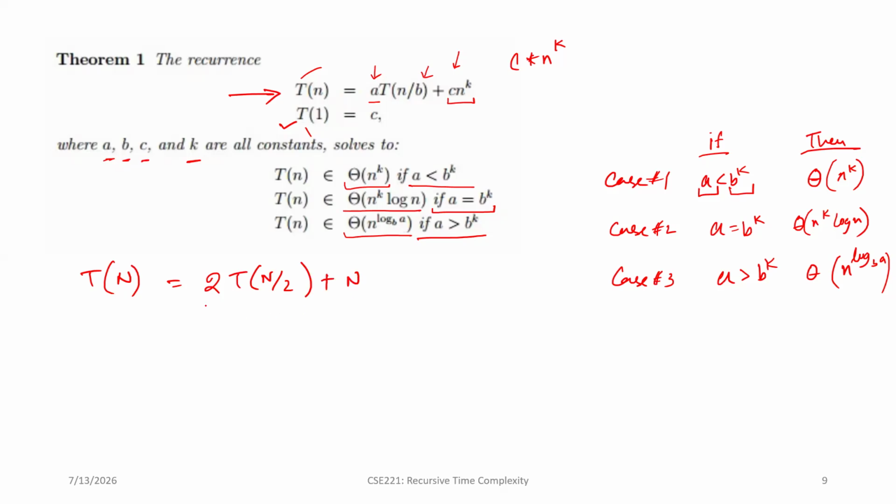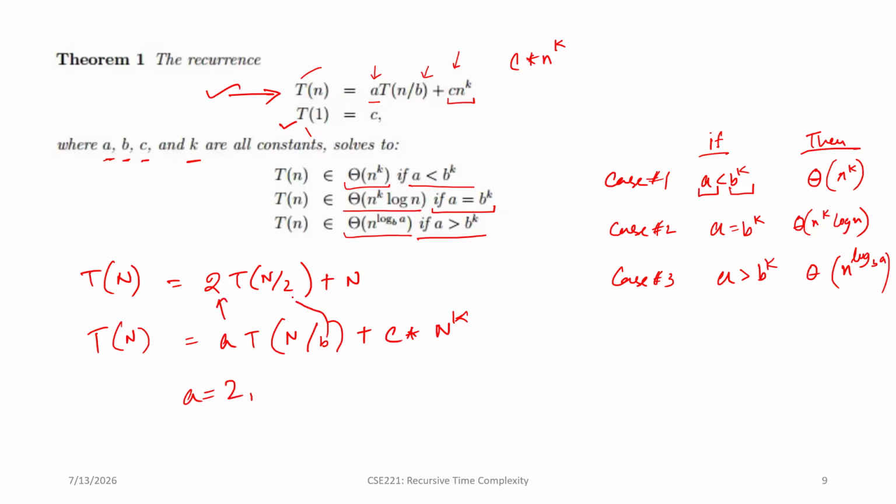So let's figure out what's A, what's B, what is C, and what is K. The format of Master theorem says T of n is equal to A times T of n by B plus C multiplied by n to the power k. The value of A is this one, 2.